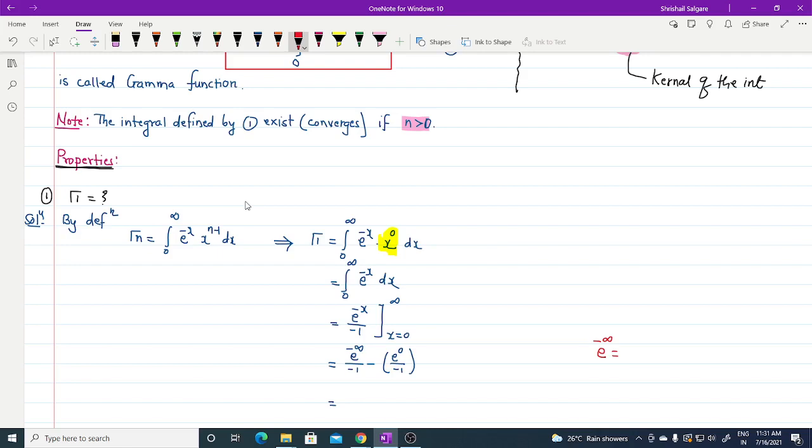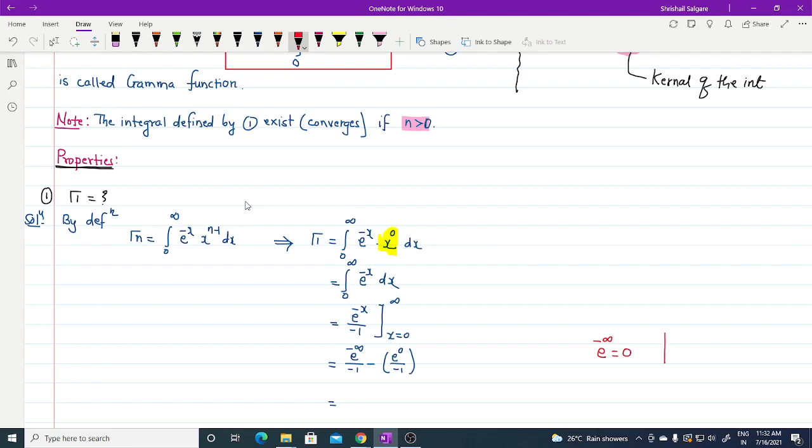What is the value of e to the power minus infinity? Okay, Shivani, you want to tell? It tends to 0, meaning we approximate it as 0.